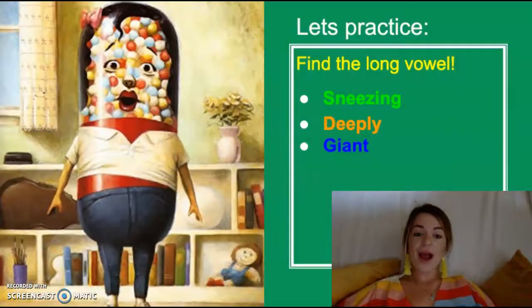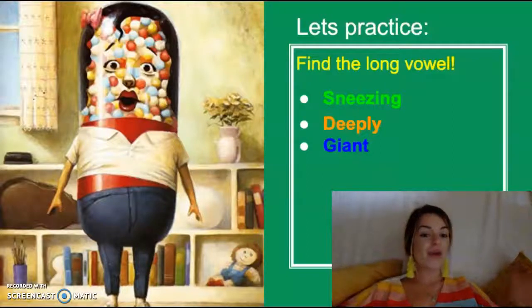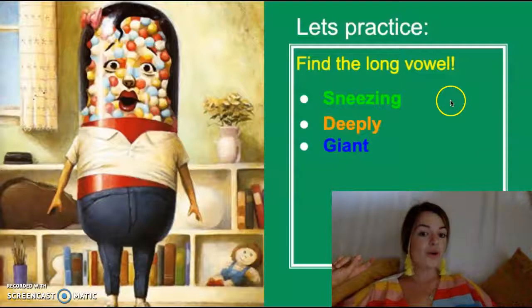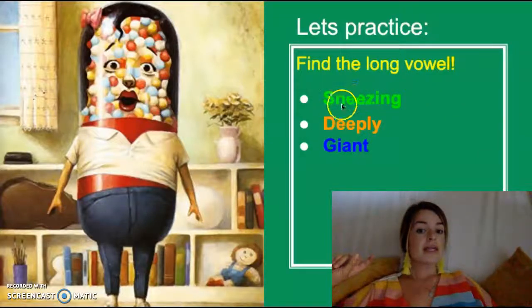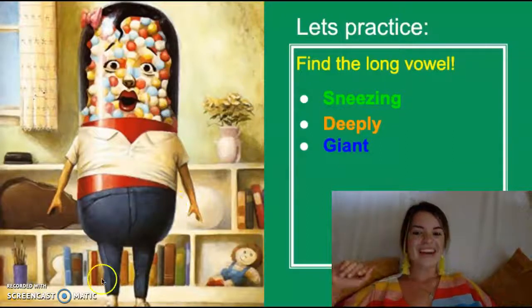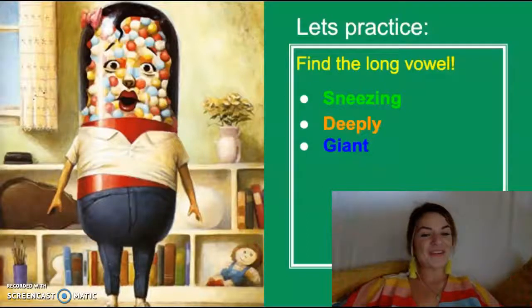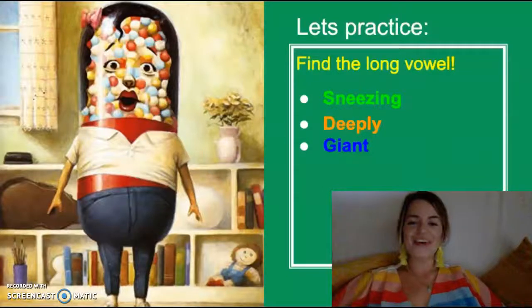Now we're going to do some practice, and I want you to do the same thing. Go ahead and pause the video and try to figure out these words on your own: sneezing, deeply, and giant. Say the sounds of the letters slowly and try to listen to which letter says its name. Okay, good luck. Okay, so hopefully all of you were able to do this on your own.